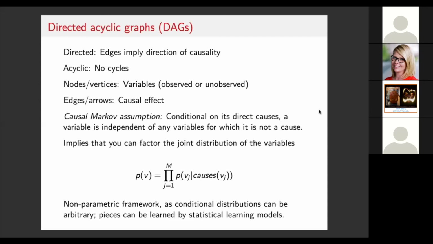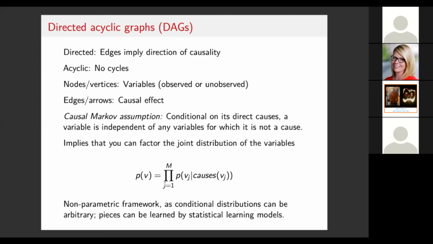And this assumption allows you to write out the joint distribution of all the variables involved as a product over the nodes. Basically, you write the joint distribution as the product of the conditional distribution of each variable conditional on all its causes.